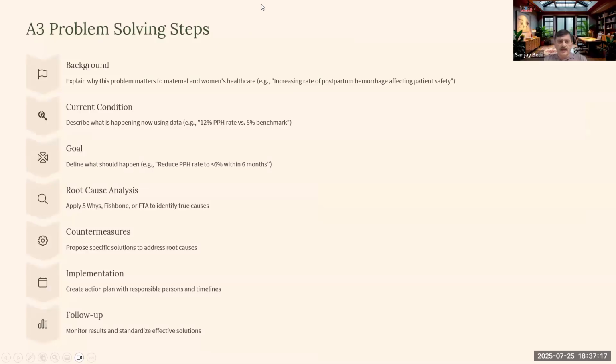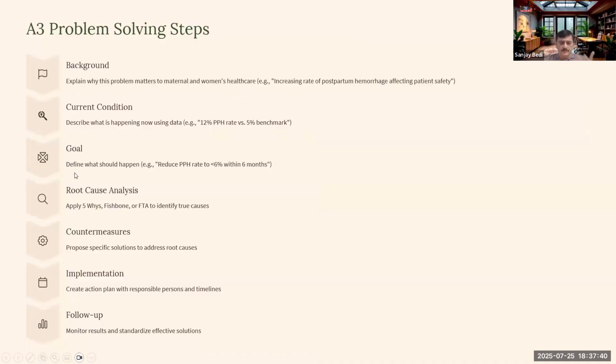So how do you create an A3 problem solving report? The background: explain why this problem matters to maternal and women's healthcare. The current condition: for example, describe what is happening using the data which is available, for example, 12% PPH rate versus 5% benchmark.